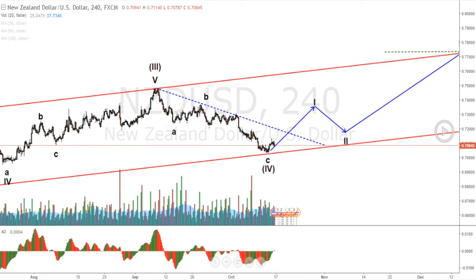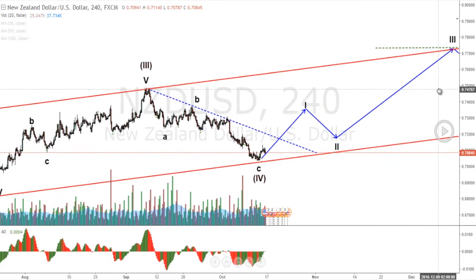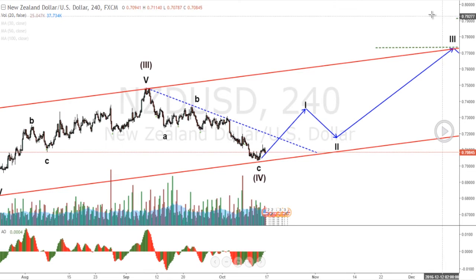in a brief explanation, on my strategy I have two kinds of charts. I have the setup chart, that's the 4-hour chart, and then the trigger chart, that's either the 30 minutes or the 15 minutes chart.